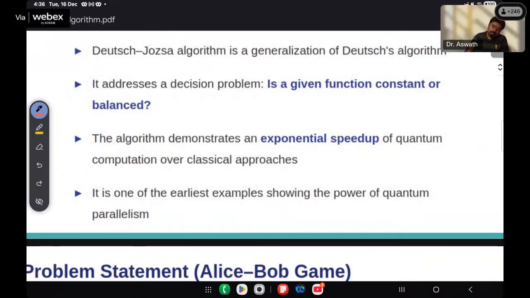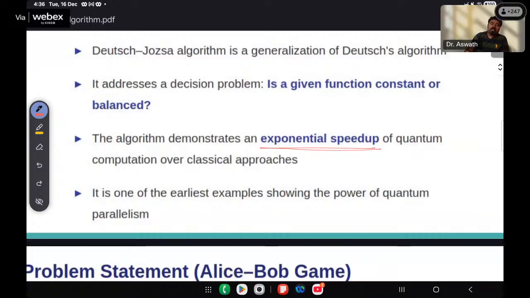And this algorithm demonstrates an exponential speed up, very important, which is possible through quantum computation, and is much more effective than classical approaches, where you need a certain number of queries to find out whether the function is balanced or not.